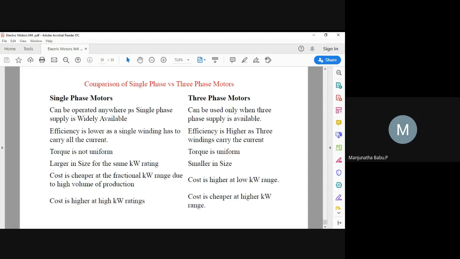If you compare efficiency, three-phase motors have more efficiency compared to single-phase induction motors, and losses are more in single phase compared to three-phase.